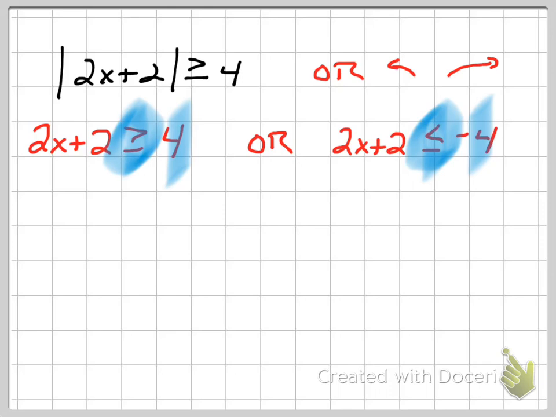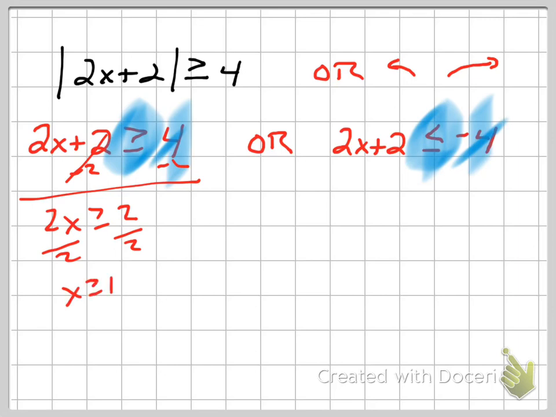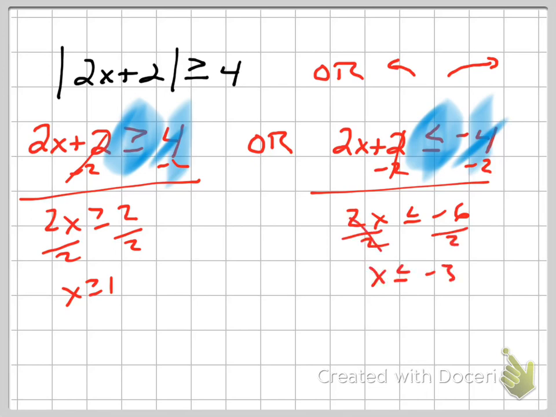For x, subtract 2, divide by 2, and I get x is greater than or equal to 1. Subtract 2, divide by 2. I get x is less than or equal to negative 3.